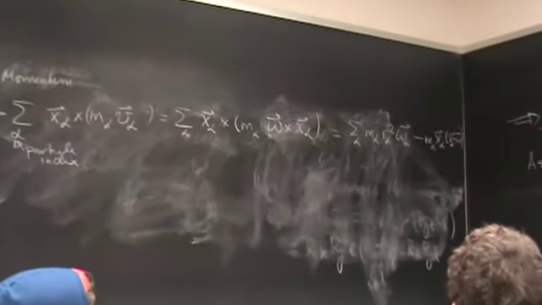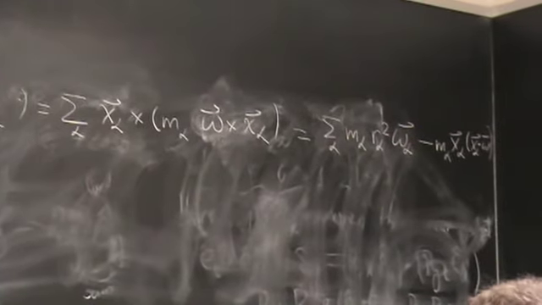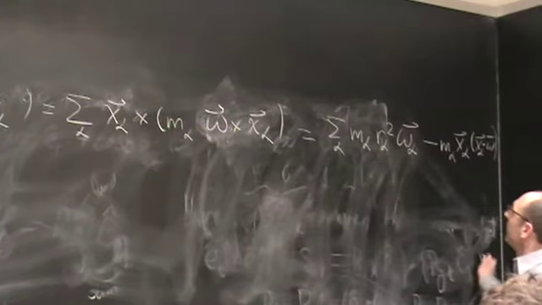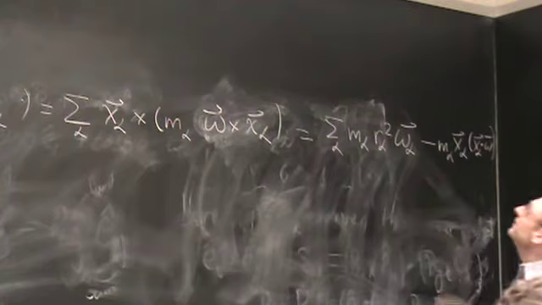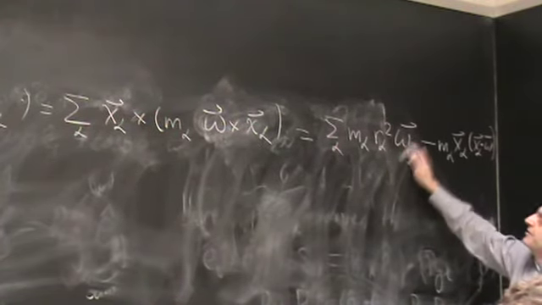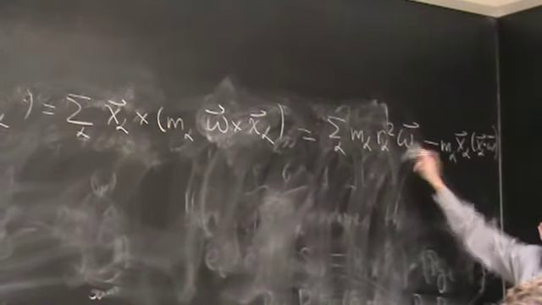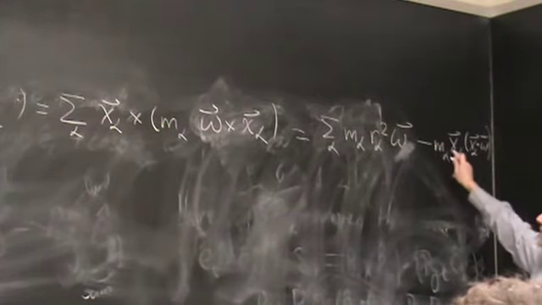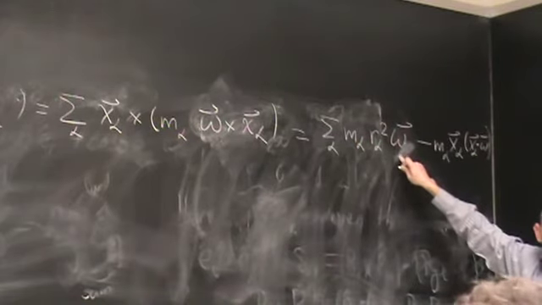Okay, that's the triple cross product we just did. So the point here that you see is that the angular momentum of this body is not necessarily in the same direction as the angular velocity. Everyone has the same omega, pardon me. Because this vector summed over all these particles isn't necessarily in the same direction as omega.